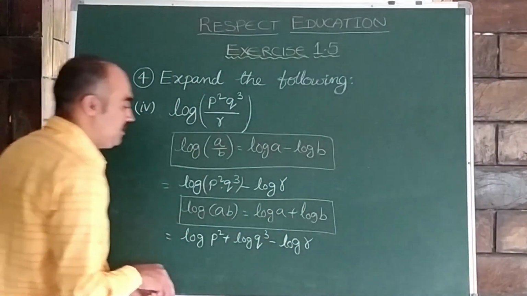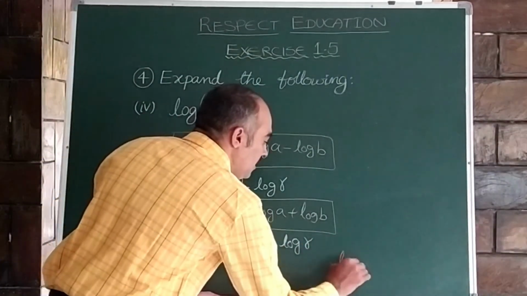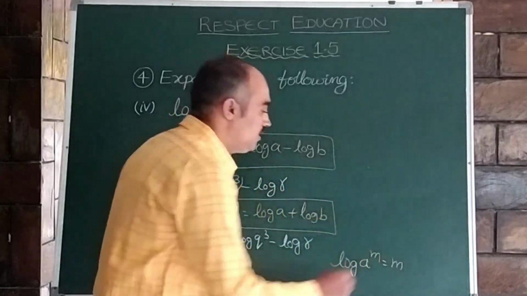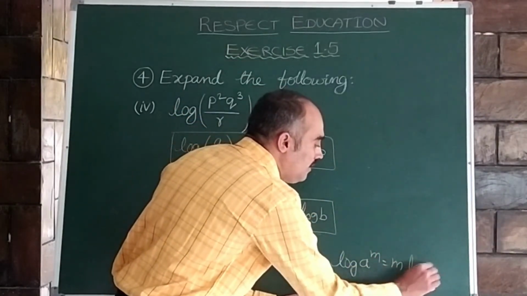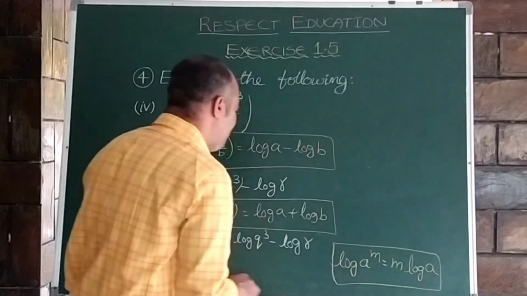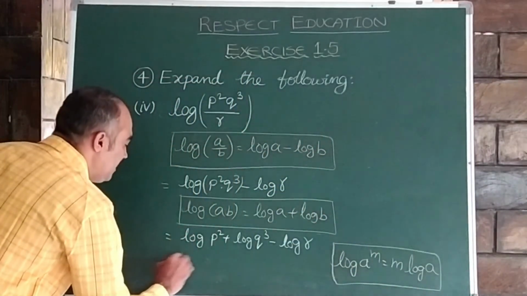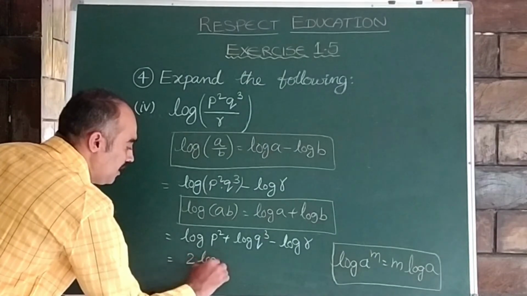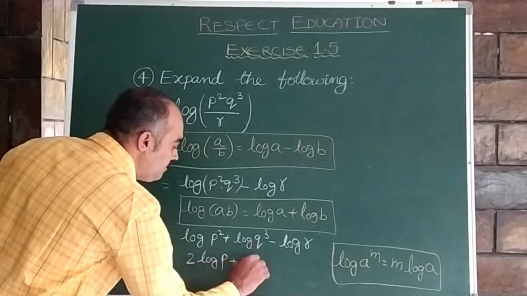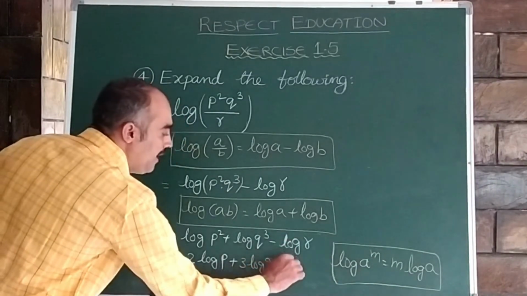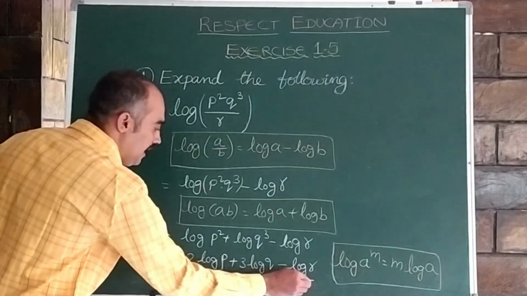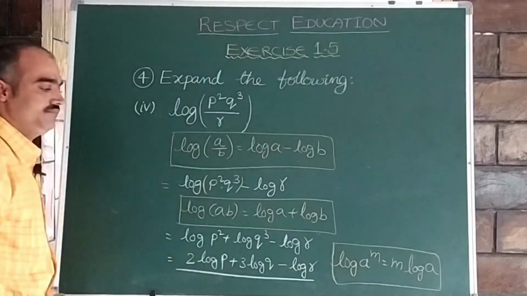One more formula is also there, children, that is log a power m, where m comes forward, so m times log a. By applying that formula here, 2 comes forward, it is 2 times log p. Here 3 comes forward, 3 times log q, minus log r. So this is the answer for the given question.